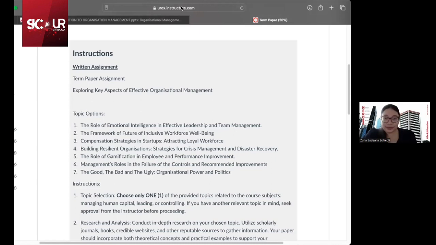the course content, right? The role of emotional intelligence, and then these are the current environment as well in business. For example, inclusive workforce well-being, and then startups. The compensation strategy in startups, how to attract a loyal workforce. Because nowadays it's quite difficult to find a loyal workforce, because people say that you can get a lot higher salary if you keep on jumping jobs, right?